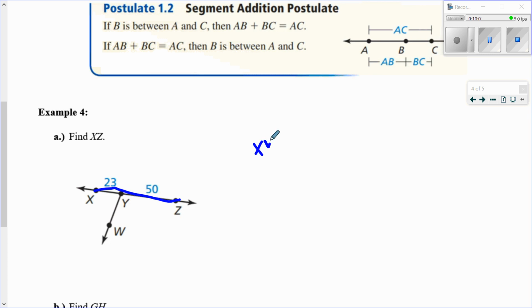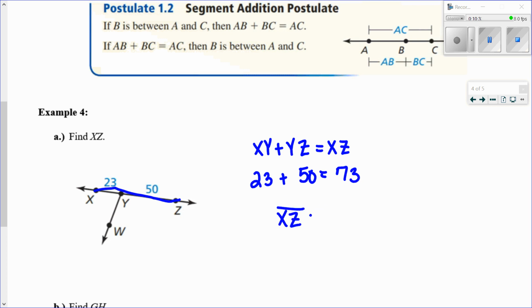So I have XY plus YZ equals XZ. This part right here is 23. 23 plus 50 equals, just add them together in your calculator, you would get 73. We don't put units with this because there are no units. So I'm just going to write XZ, line segment again, equals 73, because remember, it's endpoint to endpoint.